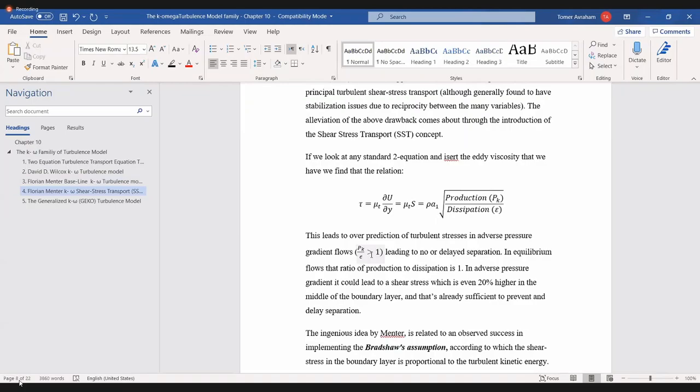And you see here the production of the kinetic energy and its dissipation. Usually it's 1, but in adverse pressure gradient flows, it's above 1.